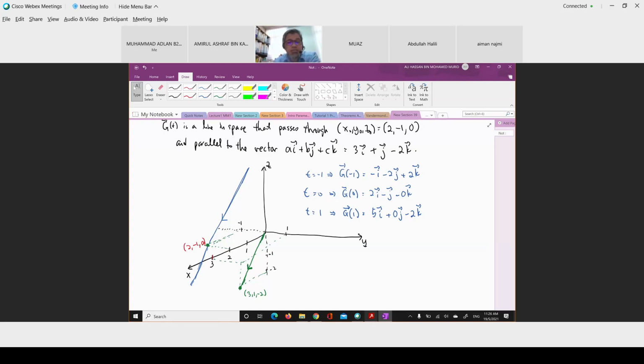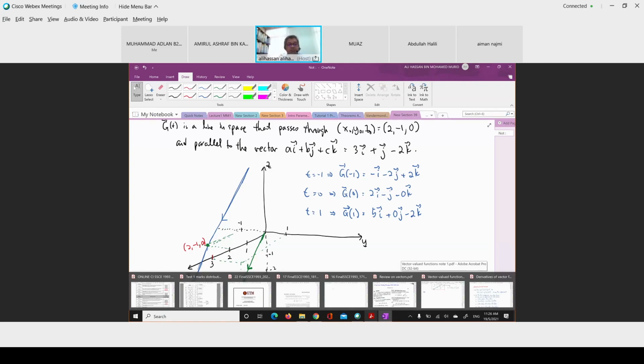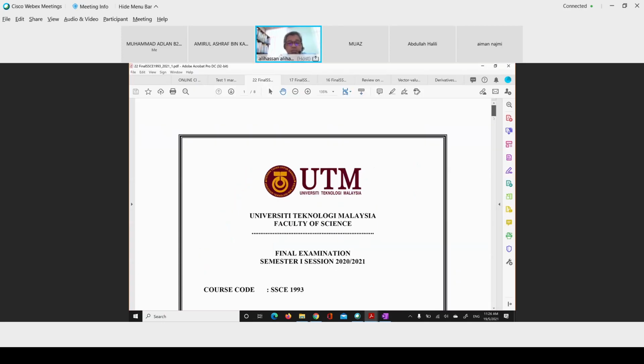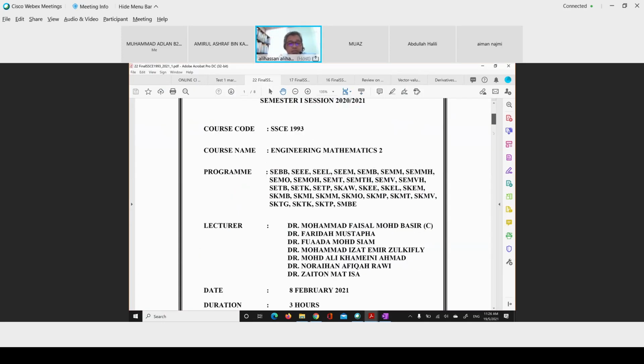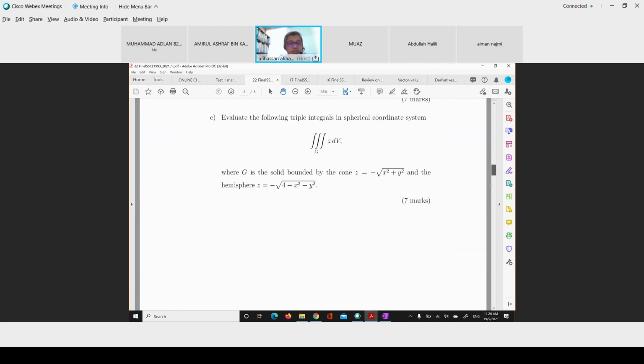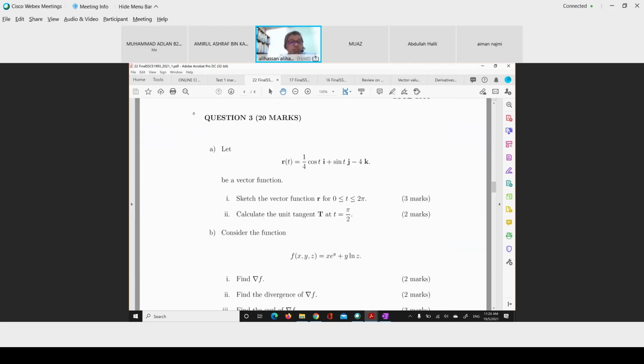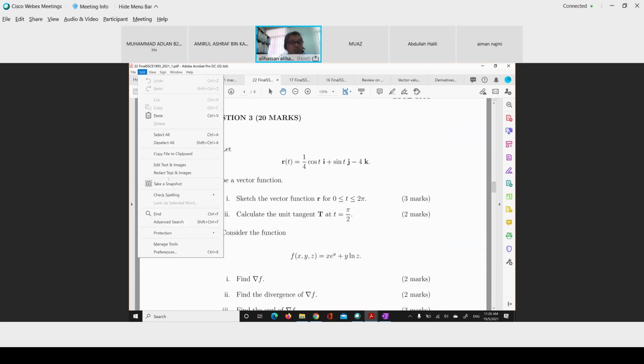There's also such a question on vector function sketching in the final exam, I've seen it. Let me see, where is it? So this is what I call sample A. Here it is.